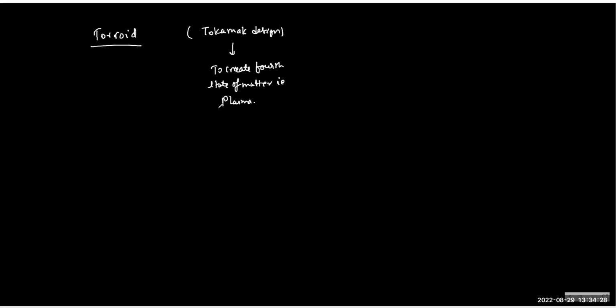We are receiving a very small part of the sun's radiation, and still it is so powerful and dangerous. So that's why the tokamak design, the toroid, was essentially meant for this.